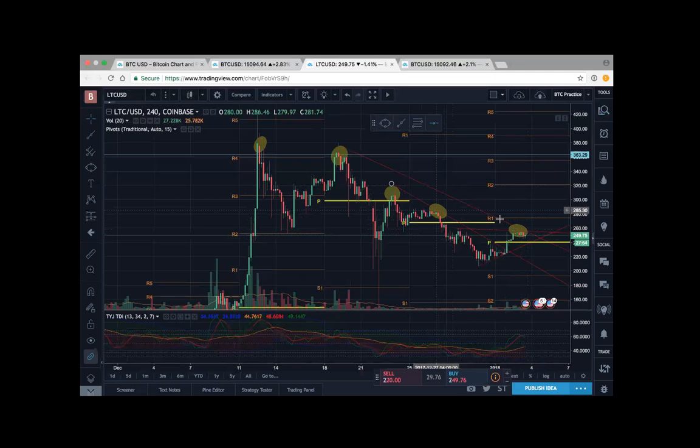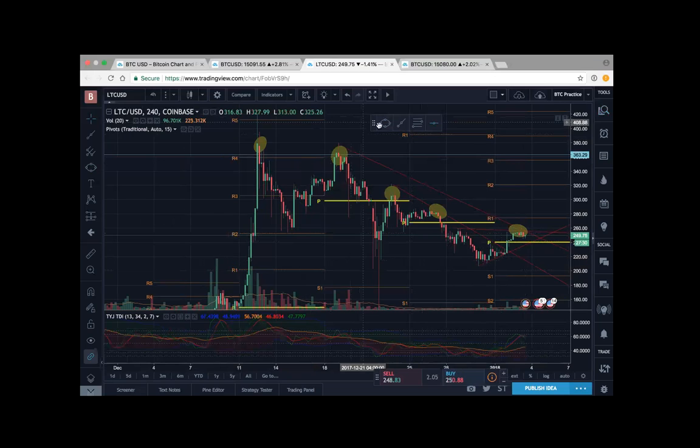Just because it's in a downtrend doesn't mean it can't push to right here. So potentially the upside can be to $273, I would say. Well, actually 287 to be exact. But the downside is just a lot more, like this low.